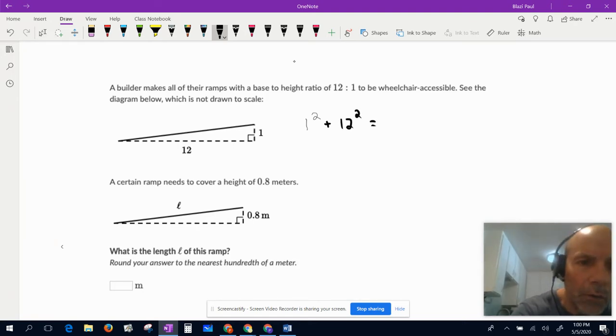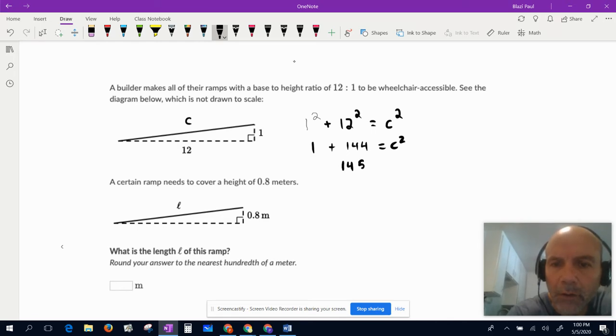equals, I'm just going to call this C, C squared. So this is 1 plus 144 equals C squared. So this is 145 equals C squared. Square root of both sides is going to give me that C equals the square root of 145.